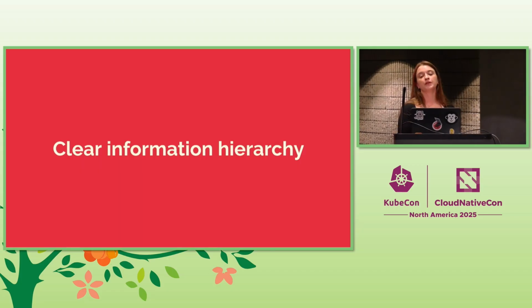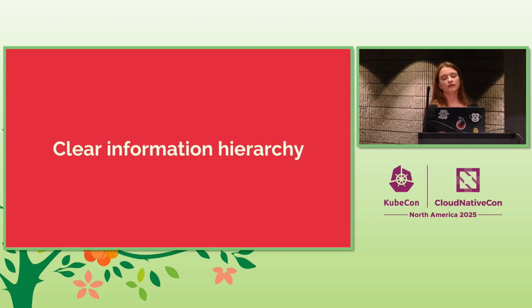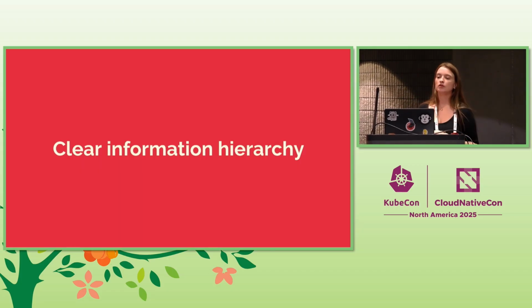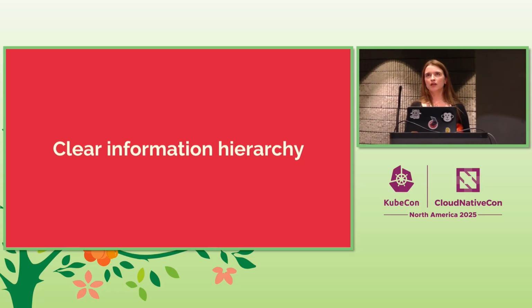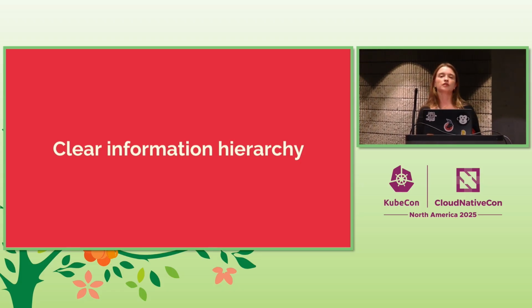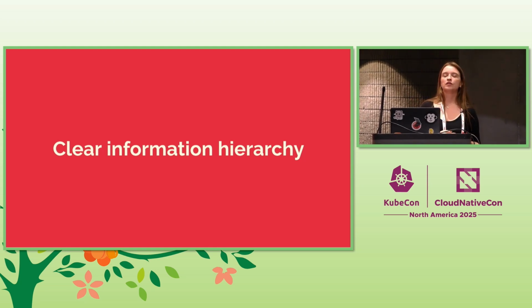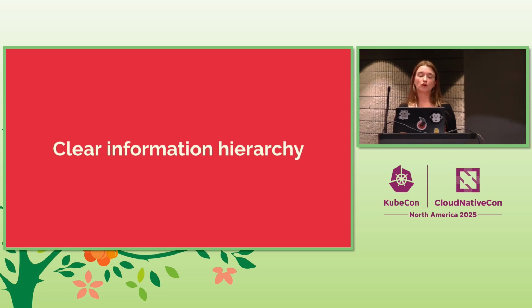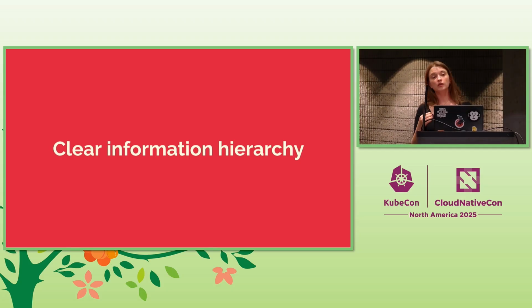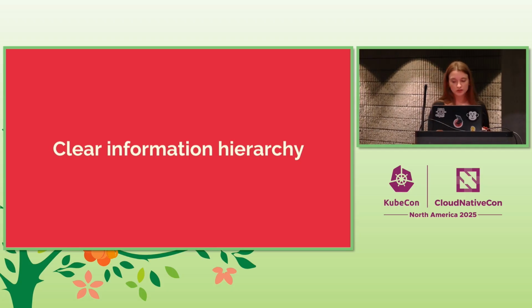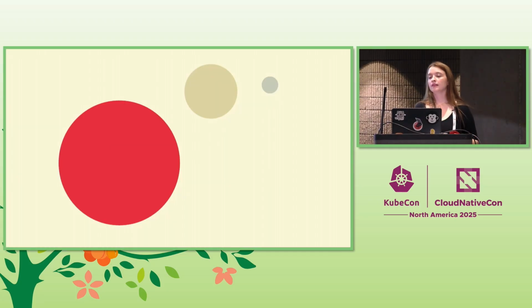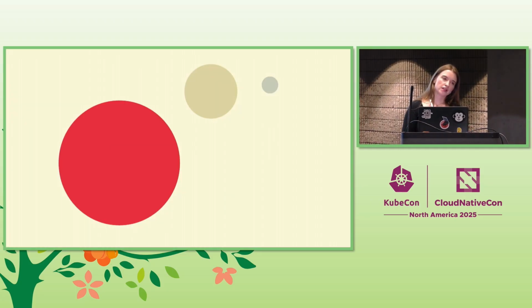I'm going to start with clear information hierarchy. This sounds obvious, but it's not always what we see around us. Every good observability tool, and actually every good design, must have clear information hierarchy, because if people don't know where to look, they will probably end up not looking at anything at all. Now I prepared a quick gut reaction.